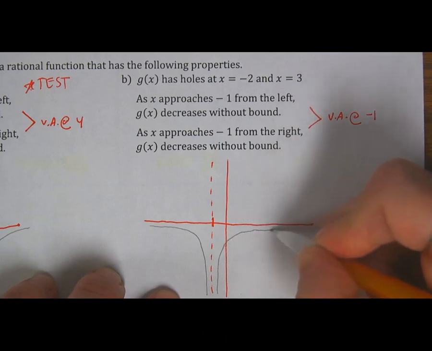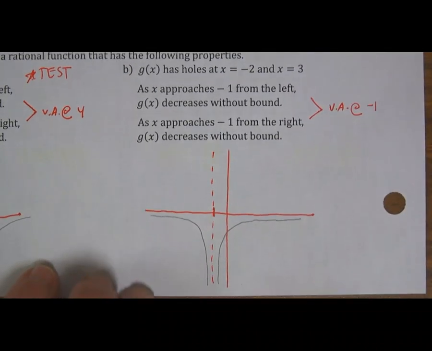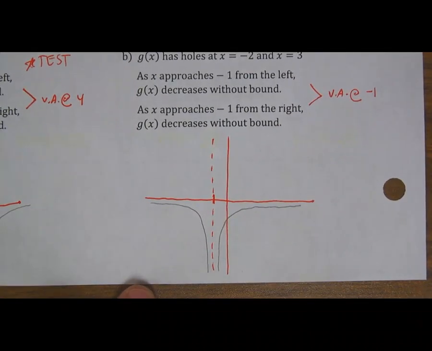And Addison, here's a good example of when we would have negative infinity in our limit statements.